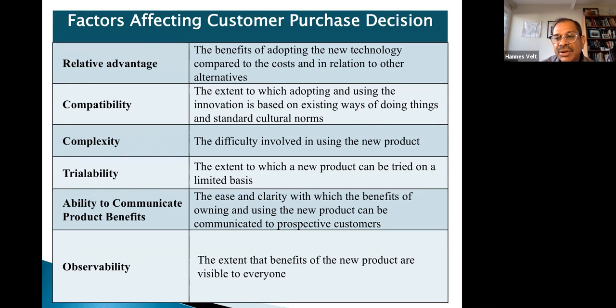Complexity is inversely related to ease of use. Trialability is, can you try out the product on a limited basis? Ability to communicate. Very often we can explain what our experience has been with the product, especially if it relates to your friend's experience.